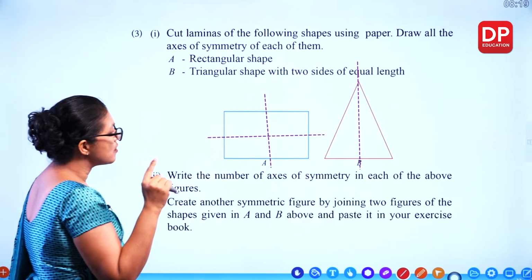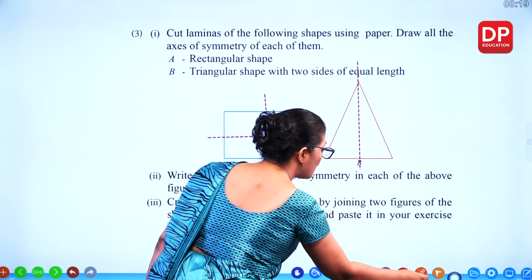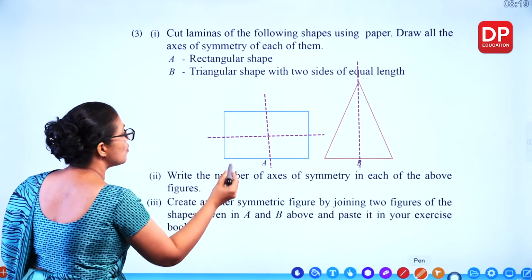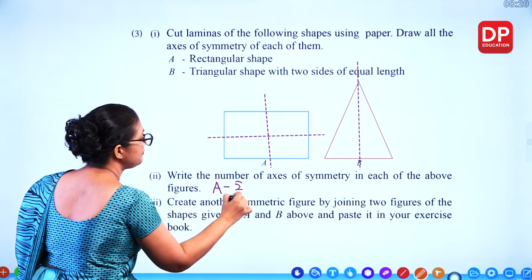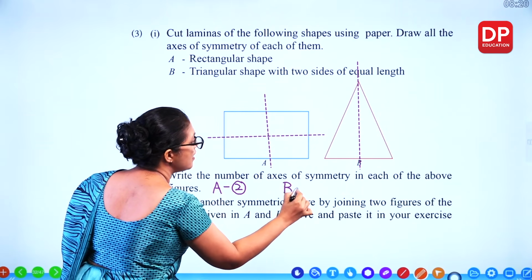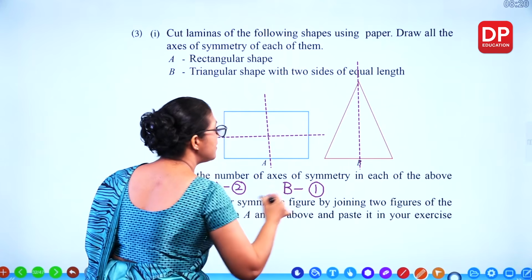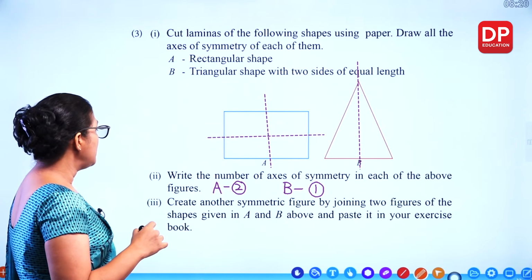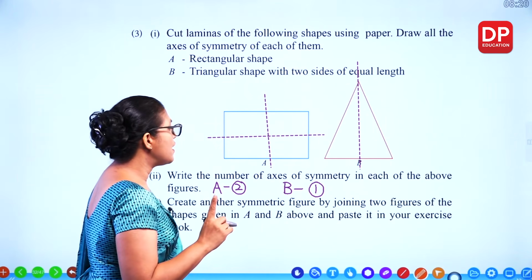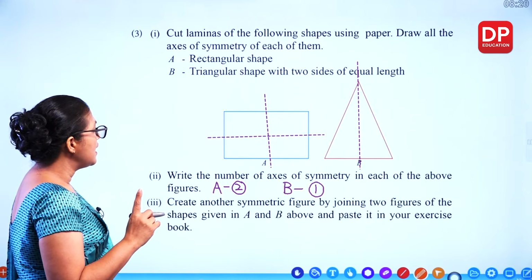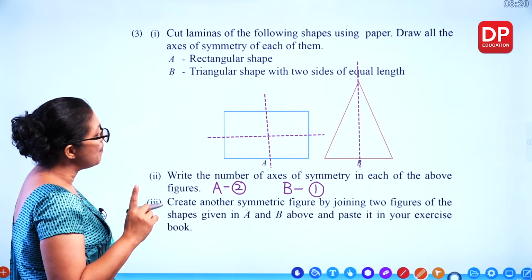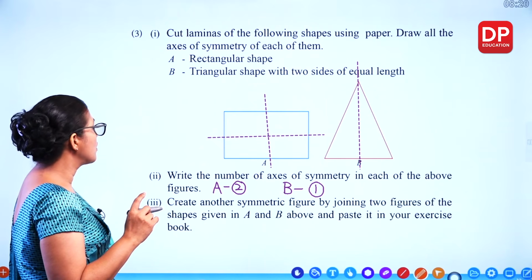Write the number of axes of symmetry in each of the following figures. So A, you get two lines, and B, you get only one axis of symmetry. Create another symmetric figure by joining two figures of the shapes given in A and B above and paste it in your exercise book.